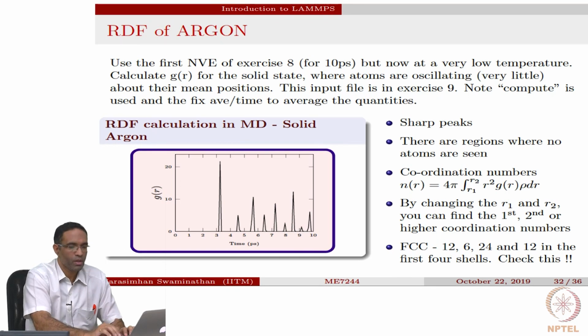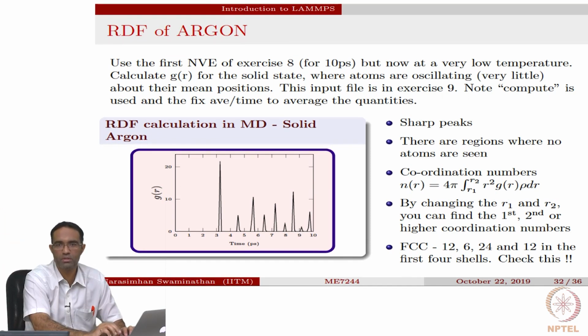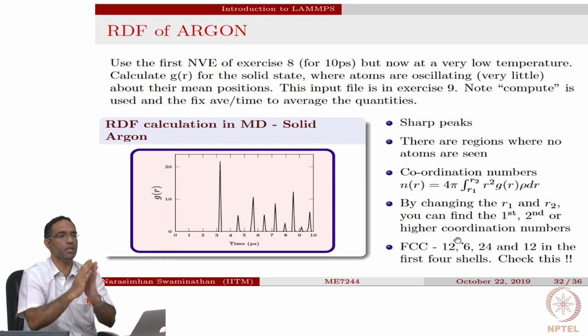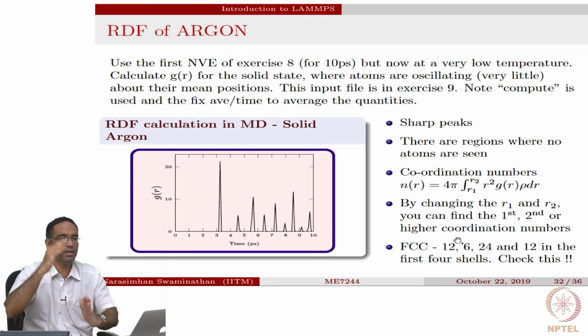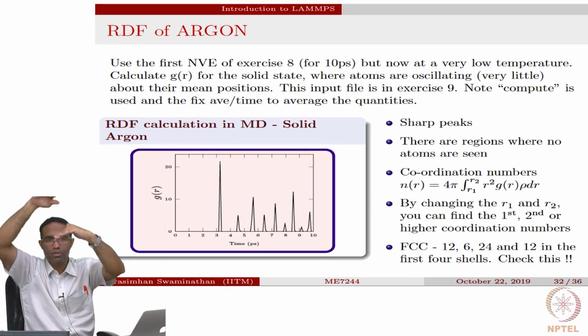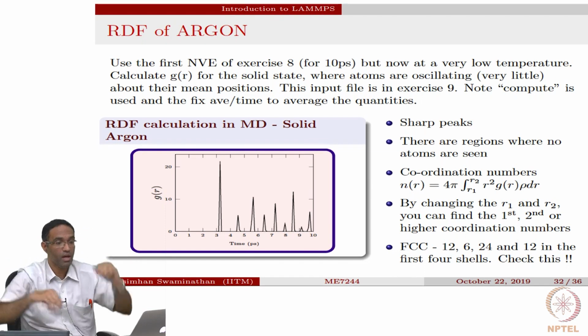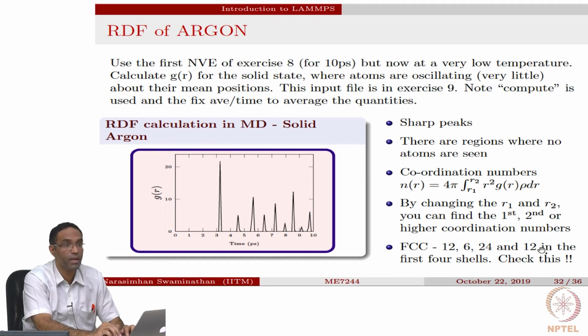So by changing R1 and R2, you can find the first, second, third, and so on nearest neighbors appropriate for this particular material. For FCC, the number of first nearest neighbors is 12, then 6. At the next distance you will find only 6 neighbors. After that you find 24 neighbors. After that you find 12 neighbors.